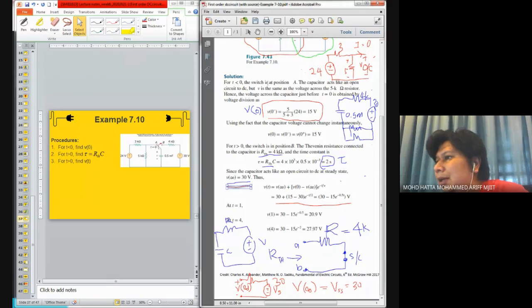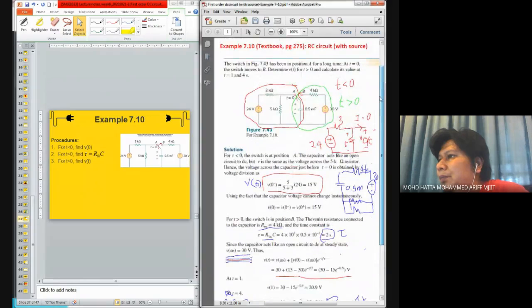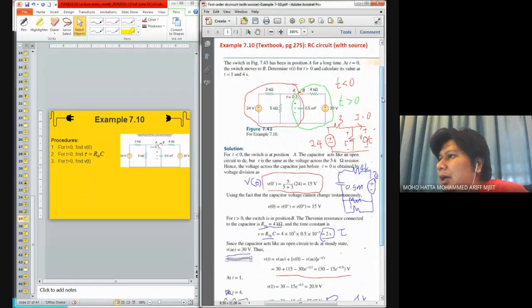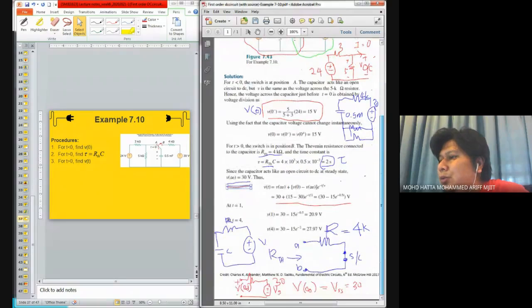Remember that the question also asked to calculate its value at t equals 1 and t equals 4. I think that's very easy.